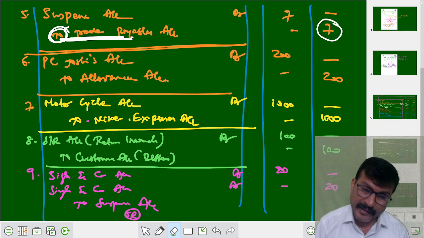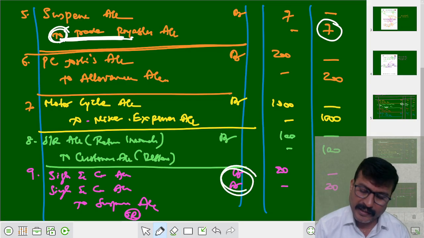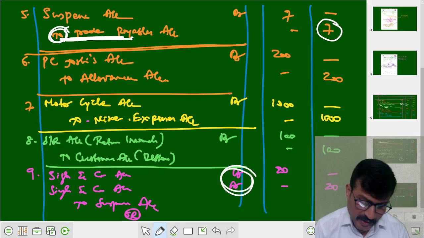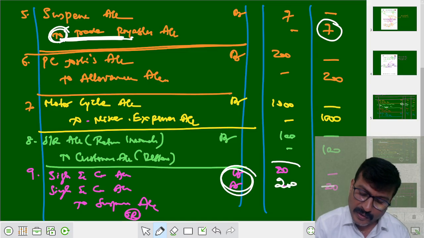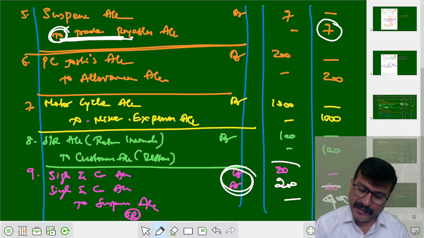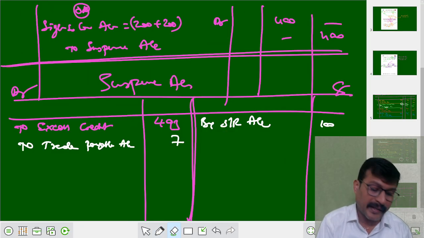Here single company account debit, single company account debit, both are in the debit of journal. When both are in the debit of journal, they go to the credit side of ledger. Oh, here 200, 400 है ना. Oh, this is being written with combined entry.